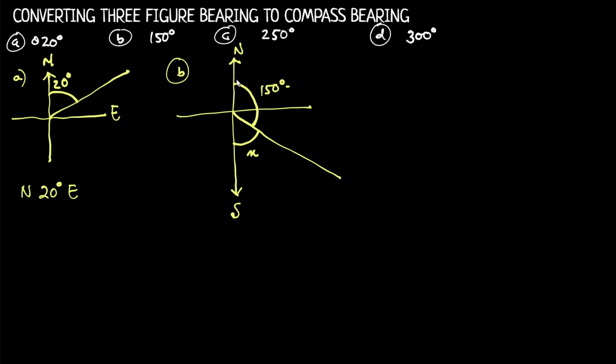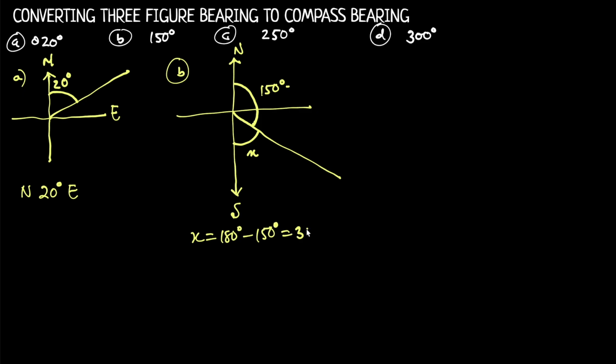Why? Because the total angle here is 180 and we need a small portion here. If we cut this portion off, then we get the remaining part we are looking for. So the whole angle is 180, and the portion we are trying to cut off is 150, so we can get the remaining part here. So x is equal to 180 degrees minus 150 degrees.